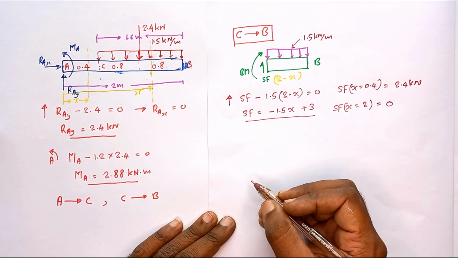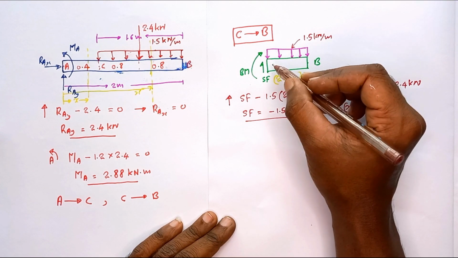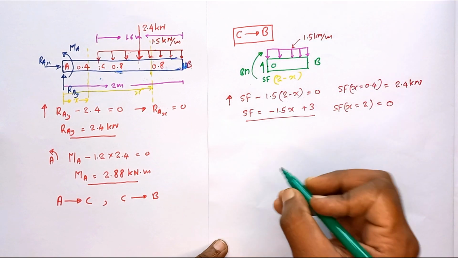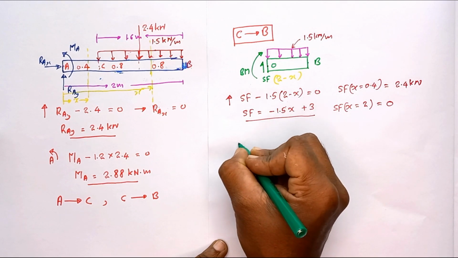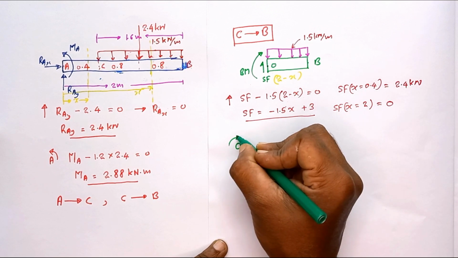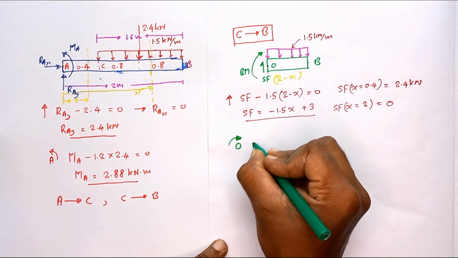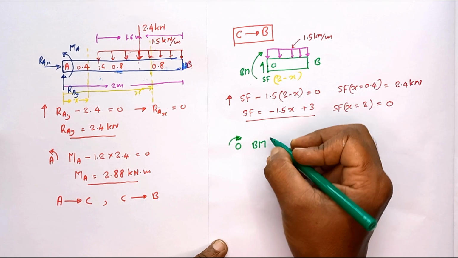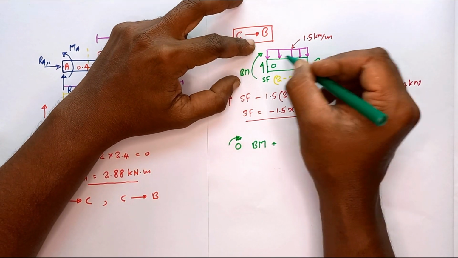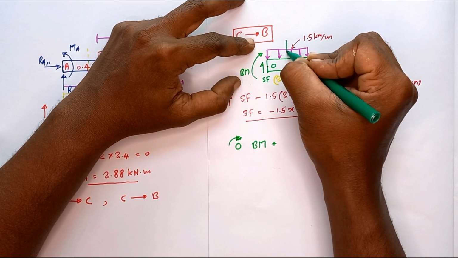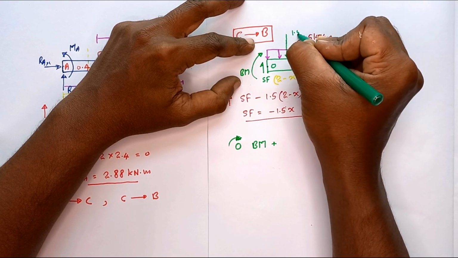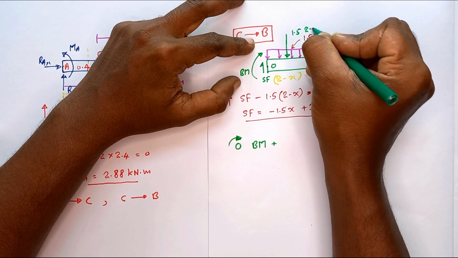So then I am going to obtain the equation for this bending moment. Let's take this point as O. So then I am going to take the moment around this O point. The clockwise moment I am going to consider. Then the bending moment plus, here the resultant of this distributed load acting in the middle, because all of these are parallel forces, the resultant is equal to 1.5 into 2 minus x.